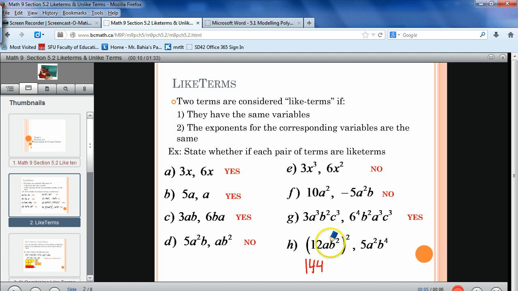And then that is going with that. So that's a squared. And this power raised to a power, you multiply them, is b to the power 4. And so once you've simplified it, you realize they are the same. So those are like terms.